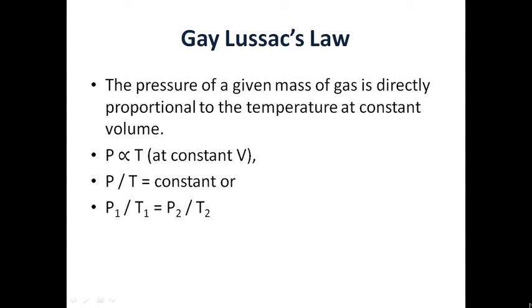That means these two are directly proportional to each other. P is directly proportional to T, or P over T is equal to constant, or P1 over T1 is equal to P2 over T2, similar to the previous equations. And here again the constant, that may be K, depends on the nature of gas and the volume of the gas.